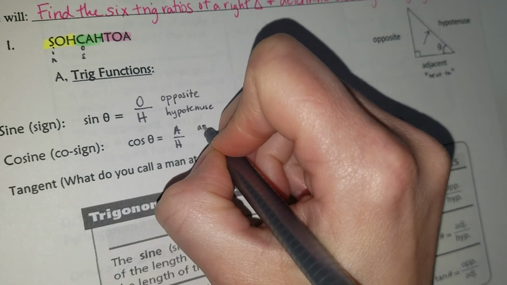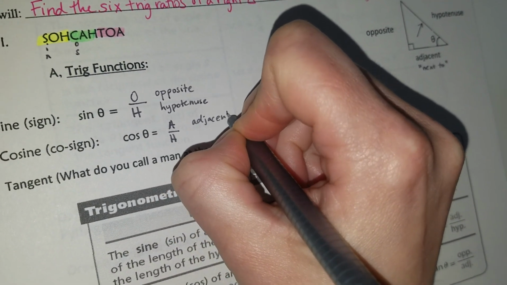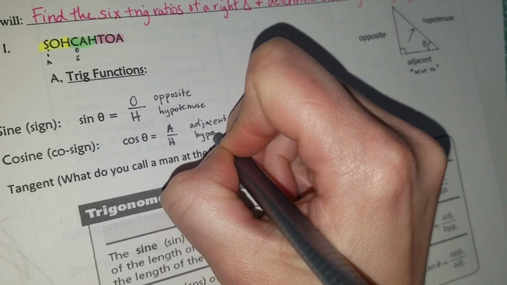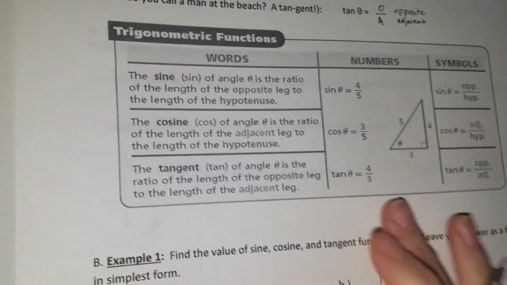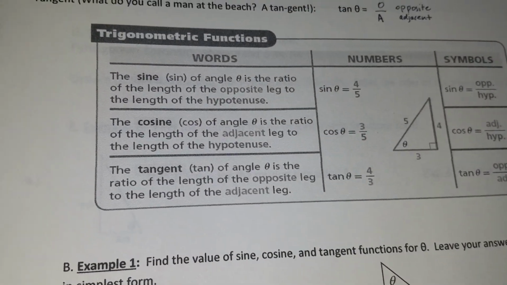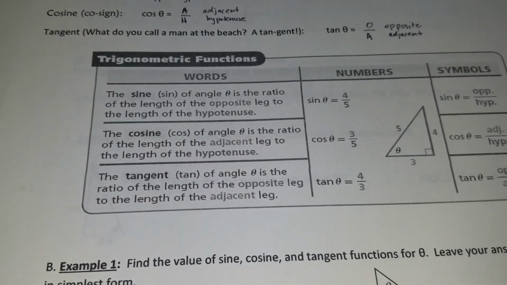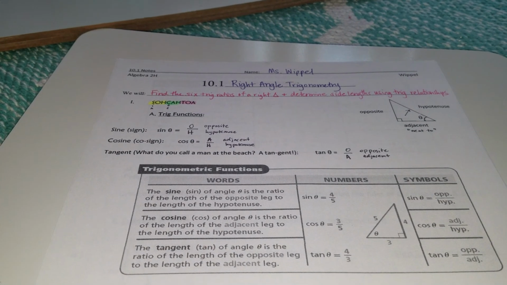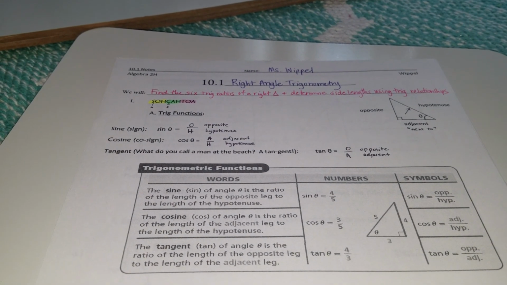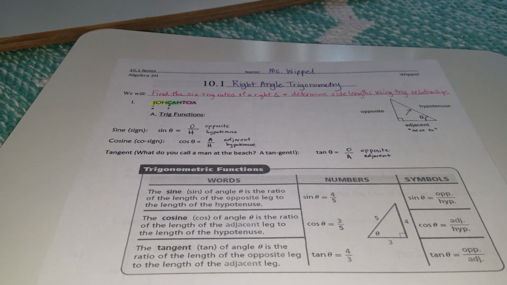Adjacent, and this is adjacent over hypotenuse. Okay, so here are your trig functions. Remember that all of these are ratios, and a ratio is a fraction. So you are comparing these two side lengths.